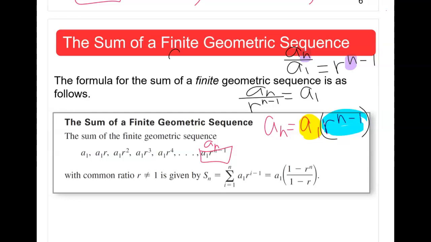So it will be a sub 7 divided by a sub 1, and that will be the common ratio to the power 7 minus 1, which is equal to 6. So it will be something like that.